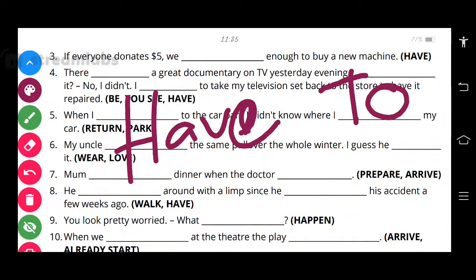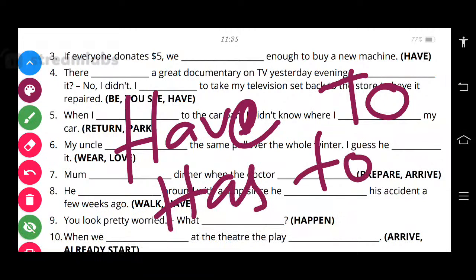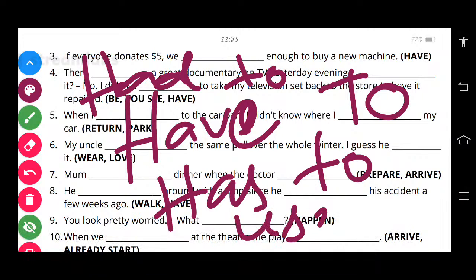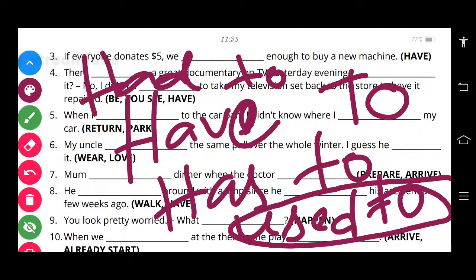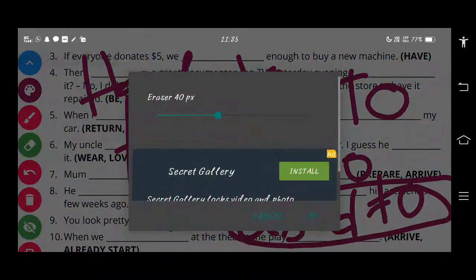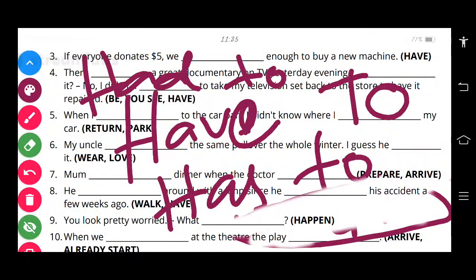As it is followed by to, you have to think about the auxiliaries that are followed by to. So have to, has to, and the next one had to. The next, used to. Here we can easily remove used to out of these 4 options. So I have removed used to.